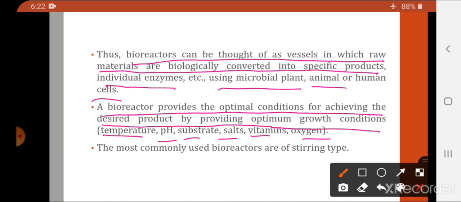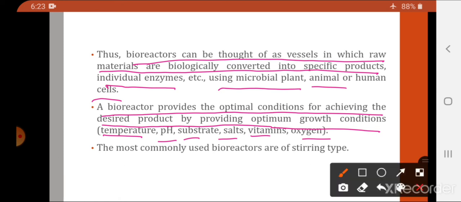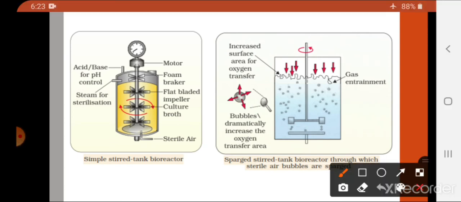ऑल दोज ऑप्टिमम ग्रोथ कंडीशंस विल बी प्रोवाइडेड इन द bioreactors, such as proper temperature, proper pH, substrate, salts, vitamins, oxygen will be added. Now there are various types of bioreactors. उसमें जो widely used type is the stirring type of the bioreactors, कि जिसमें continuous mixing होता रहता है.